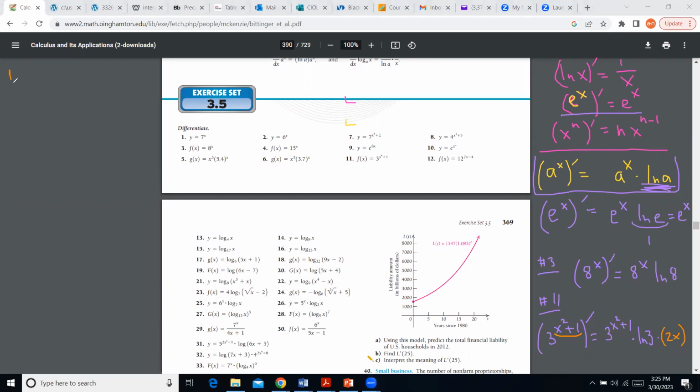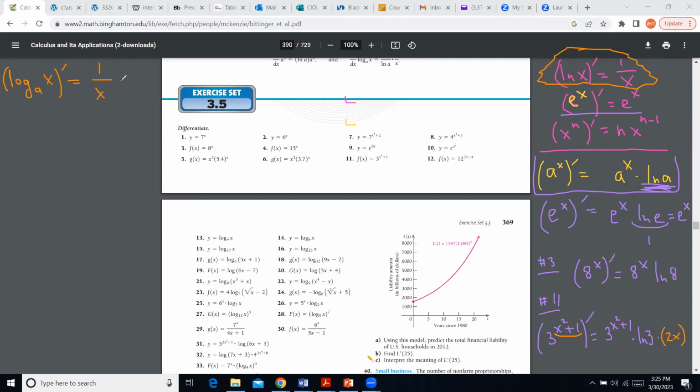The other formula deals with the logarithm base, not e, but any base a, derivative. So similarly to the formula that we had with ln, the very first one on that side of the page, we're going to have to put a 1 over x.